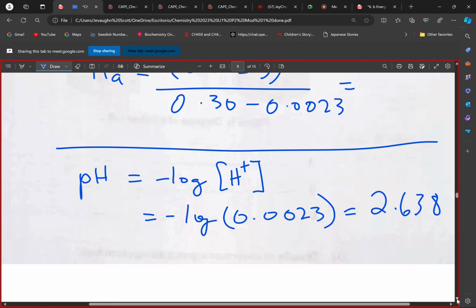Then you find the hydrogen and plug it into your pH formula. All right. So the thing is now we could use the Henderson-Hasselbalch equation. Wait, question. Could we use the Henderson-Hasselbalch equation?